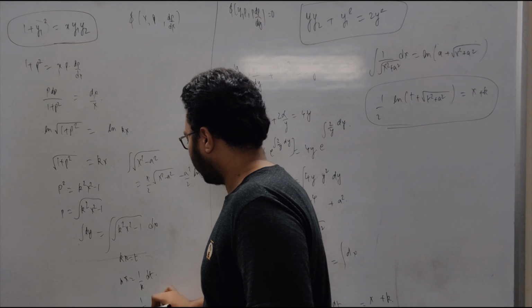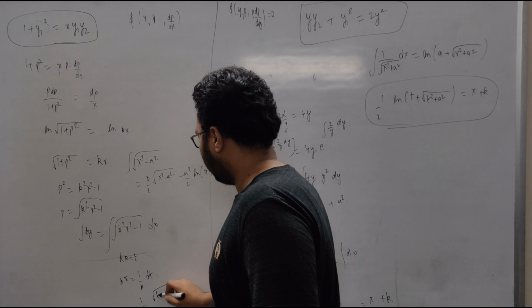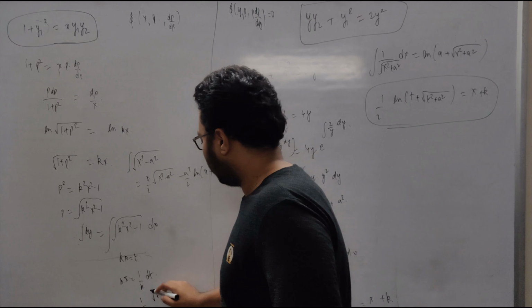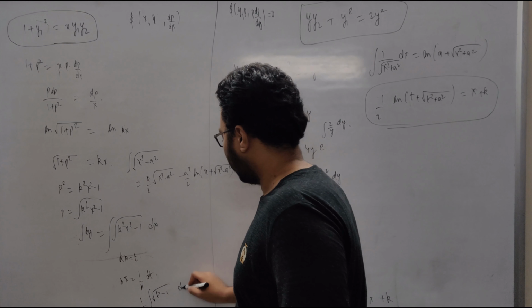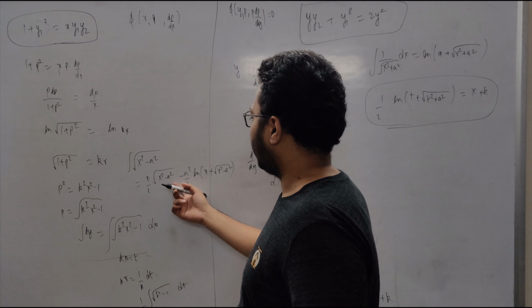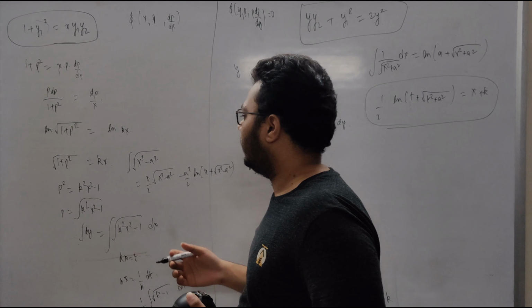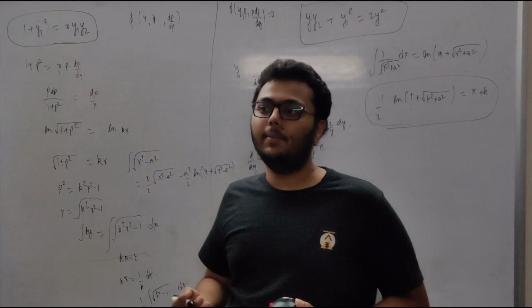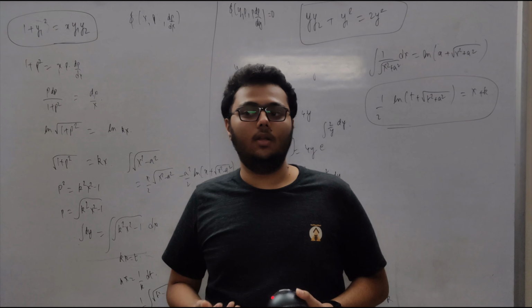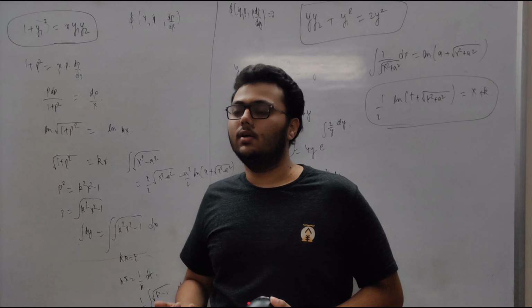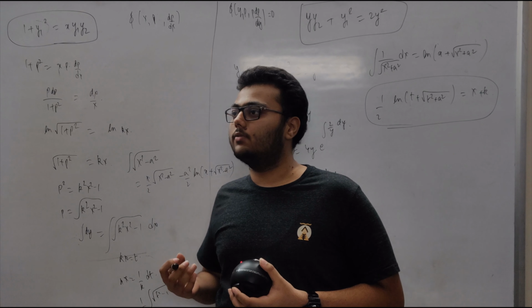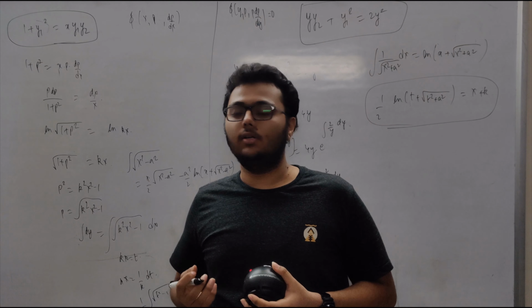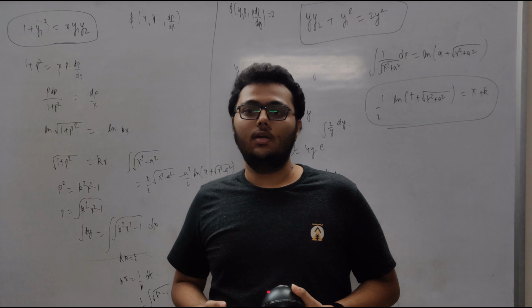So we have 1 by k integral under root t square minus 1 dt, and we can just put a equals 1, x equals t, and we get our answer. It totally depends on which stage you have to take your answer depending on your question. So that's how we solve some basic second order differential equations.